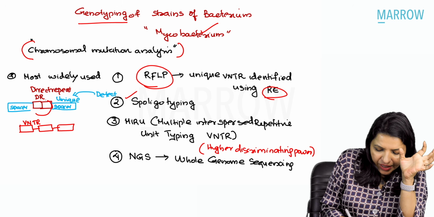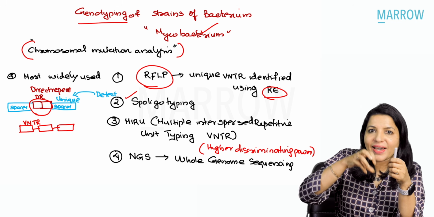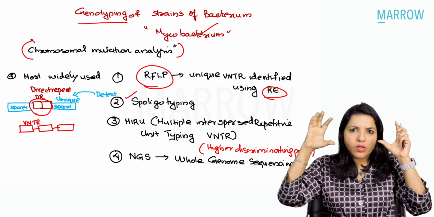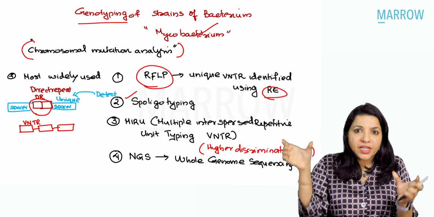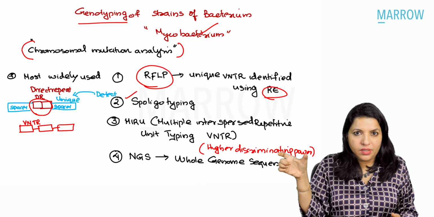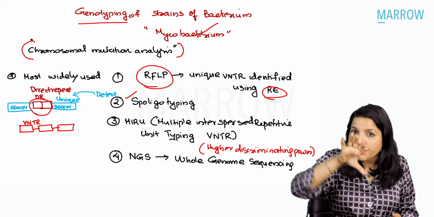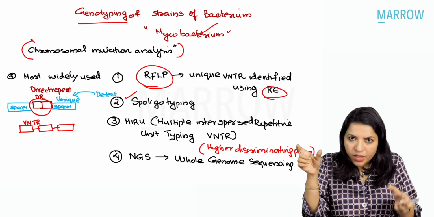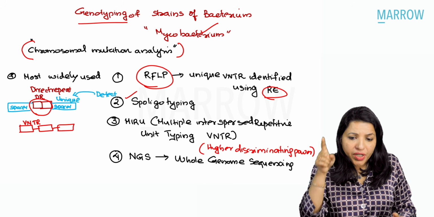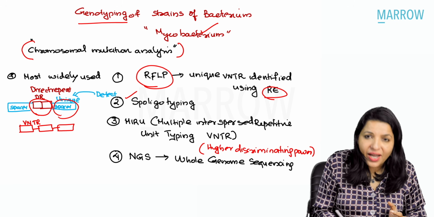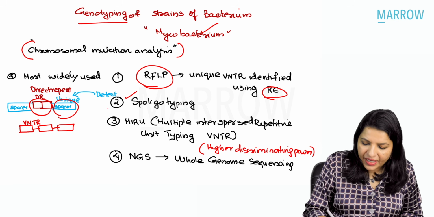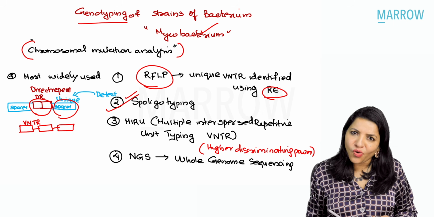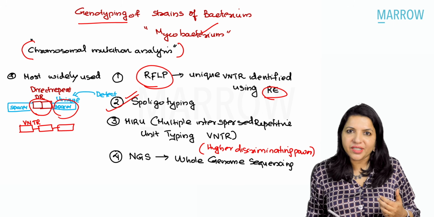There are certain regions called direct repeats, and on either side of the direct repeats there is a unique spacer sequence. The direct repeats are not unique, but the spacer sequences on either side are. Targeting this unique spacer sequence on either side of the direct repeat is called spoligotyping. Now, is it the best method? No, there are even better methods.